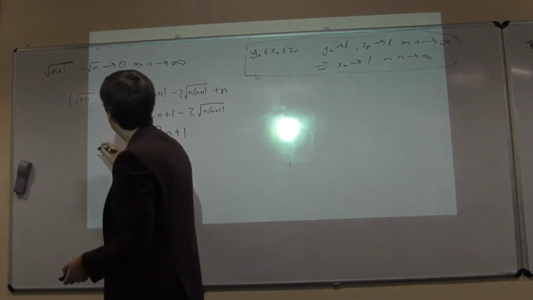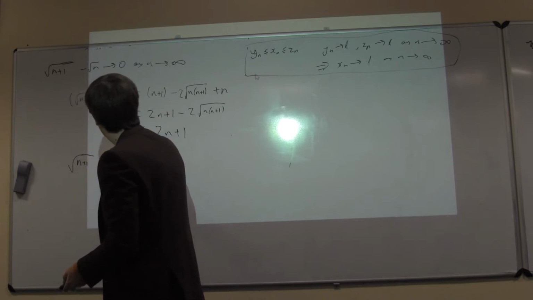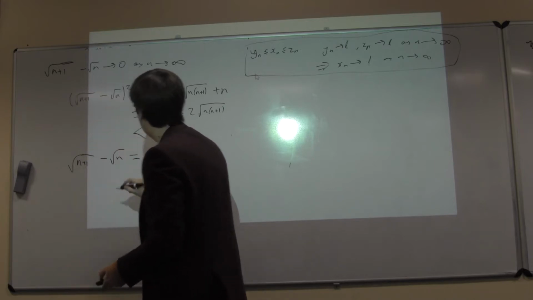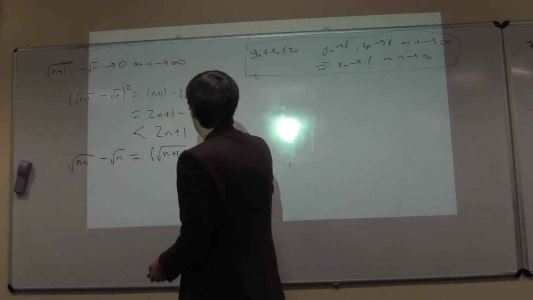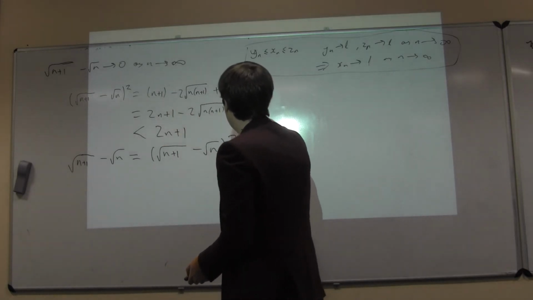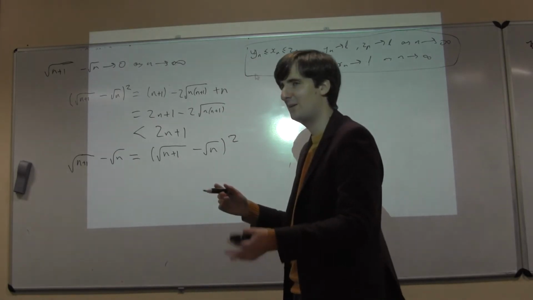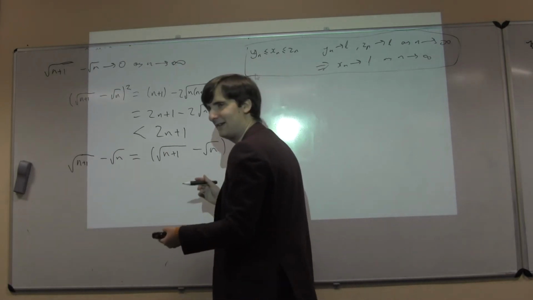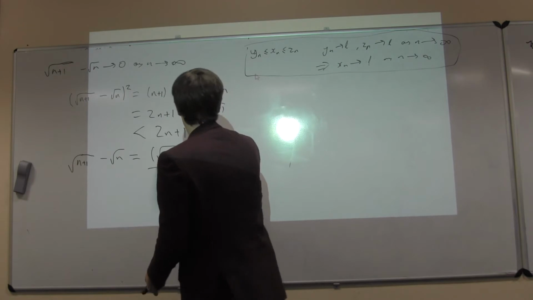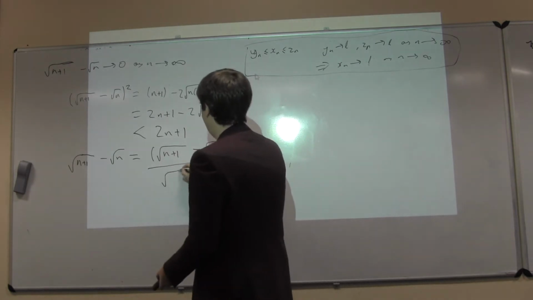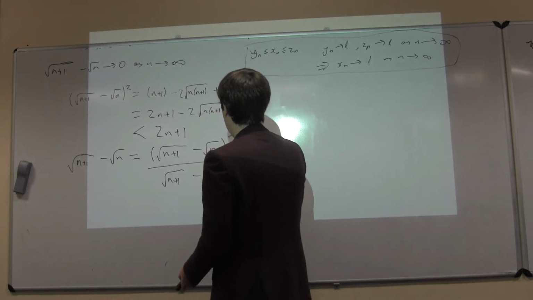So what we had to start with, root n plus 1 minus root n, well that's equal to... In maths, to prove things, it often seems magical how you work out what trick you need to get there, and once you've seen it it's kind of obvious, but sometimes you can stare at a problem for hours and not see.